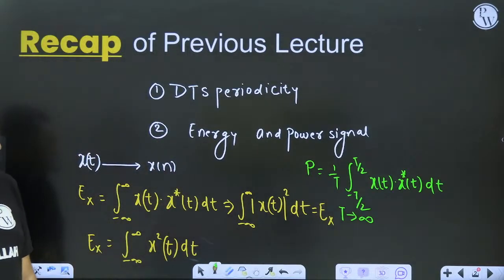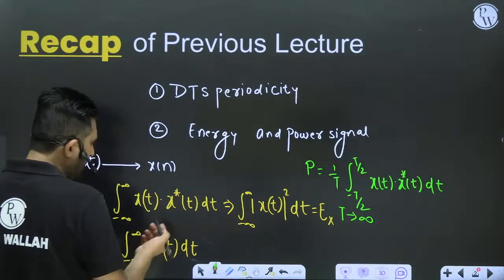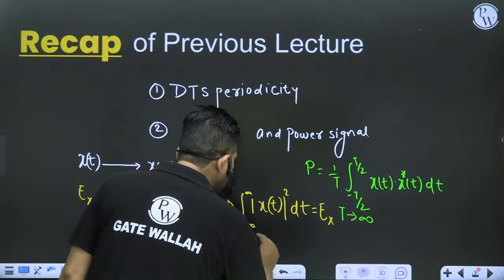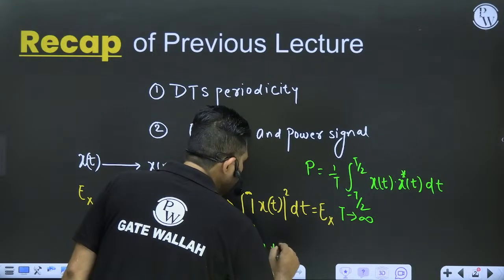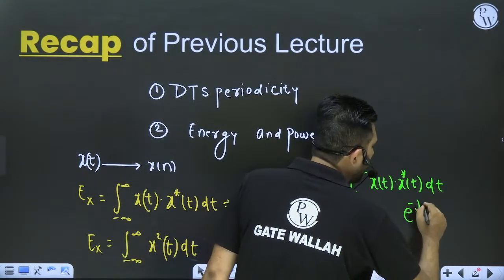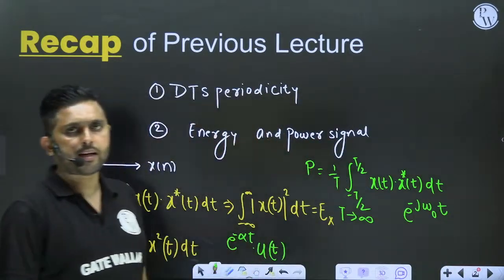This is my power of a function. I said that e to the power minus alpha t u(t) was the energy signal, and e to the power minus j omega naught t was my power signal. In the last class itself I derived this.